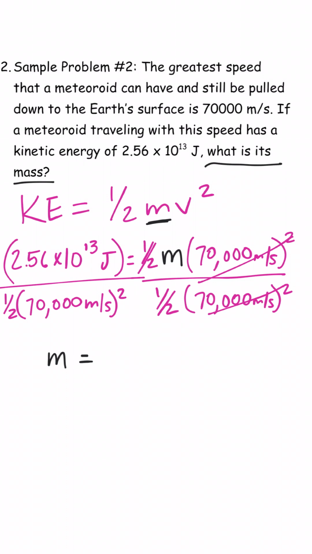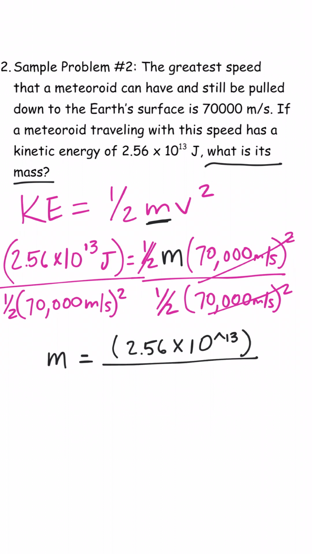I'll need to put parentheses at the top since it is in scientific notation, because I want to keep the 2.56 with the 10 to the 13th and then divide the whole thing by 1/2 times 70,000 squared. So I'm going to use parentheses for that. Of course, I'll use that little up arrow button and 13.